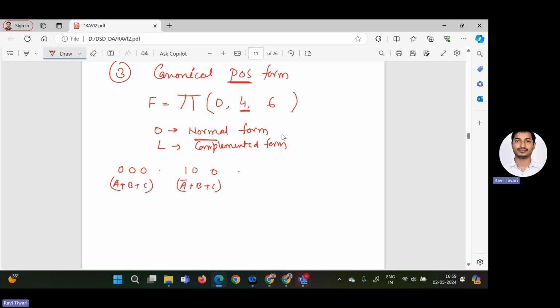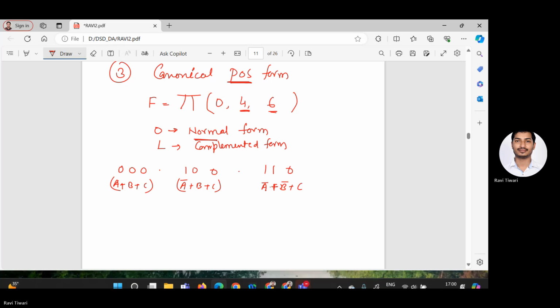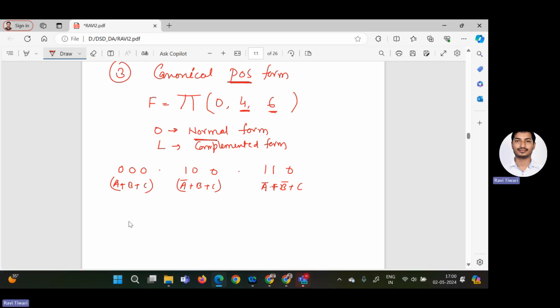Third term is 110. How can I represent it? 1 represents the complemented form, and 1 for B also represents the complemented form. So A bar plus B bar plus C. Right? So F can be written as A plus B plus C, A bar plus B plus C, A bar plus B bar plus C. This is the canonical POS form.